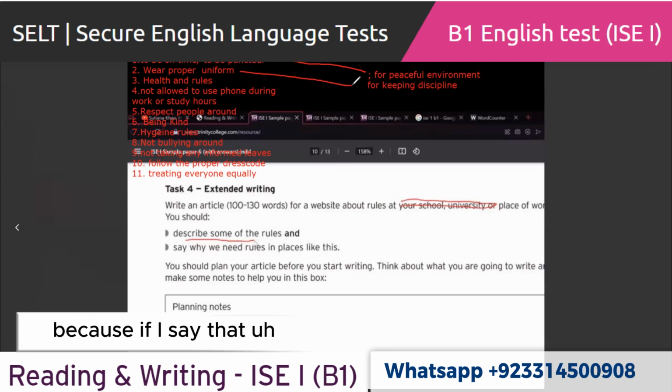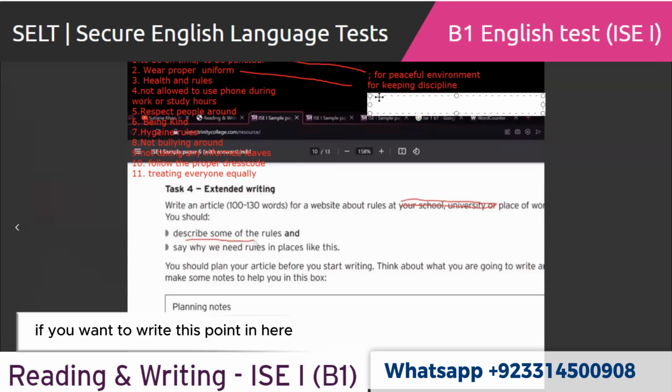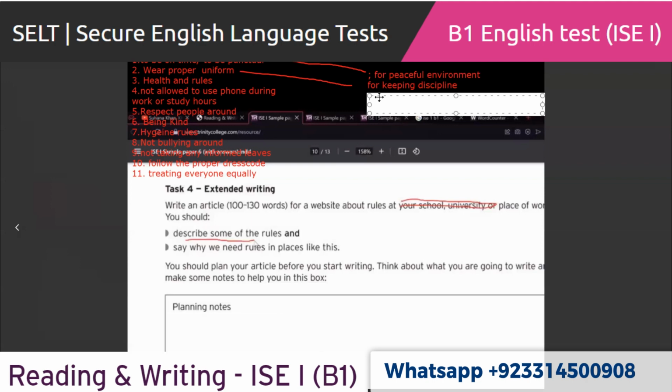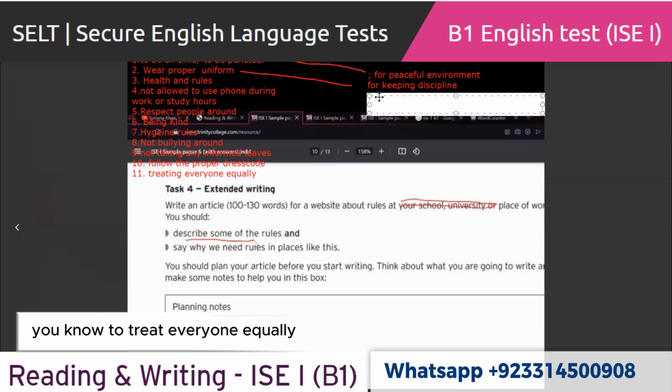If I say wear proper uniform, that is probably to treat everyone equally. So of course, if you want to write this point for treating everyone equally, that is still perfect, because that is why this rule is needed, to treat everyone equally.